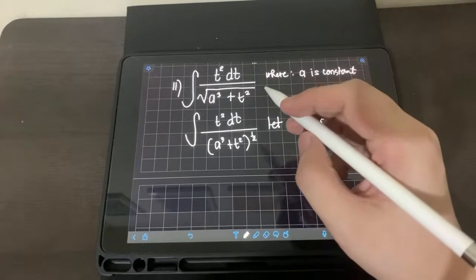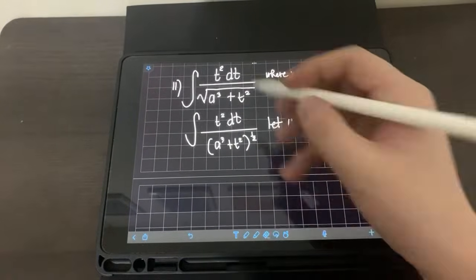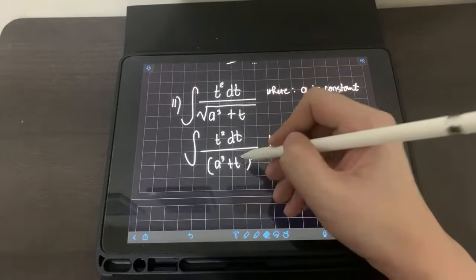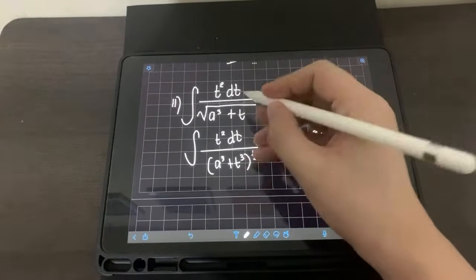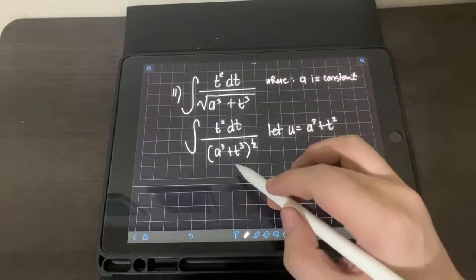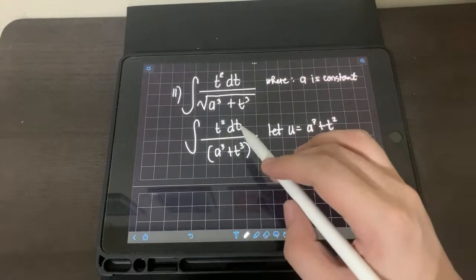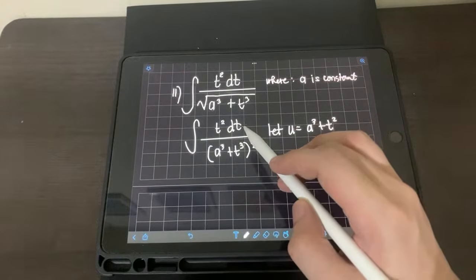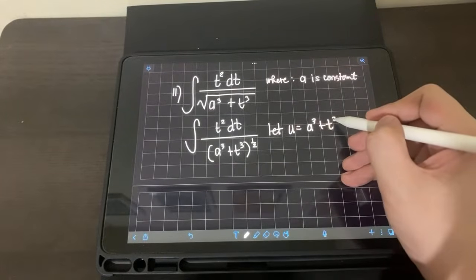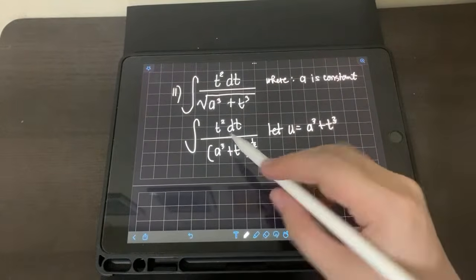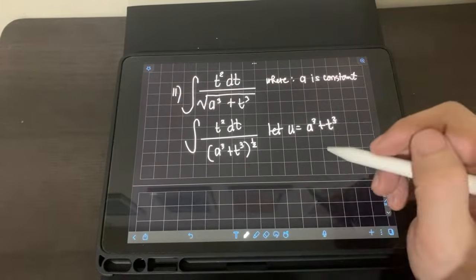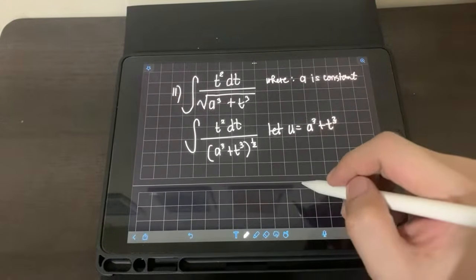Sorry, this should be t cube, let me correct that. Okay? Since we let this be u, and we also have t squared dt in the numerator, when we differentiate both sides we will produce t squared dt from this term t cube. So, therefore, our u-substitution is correct.